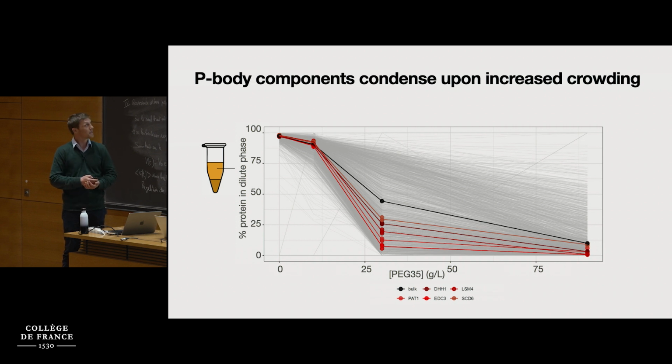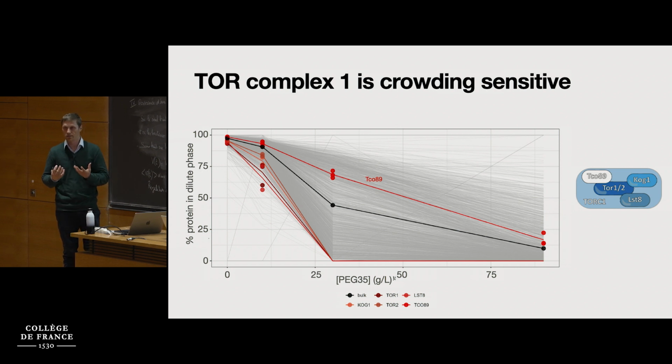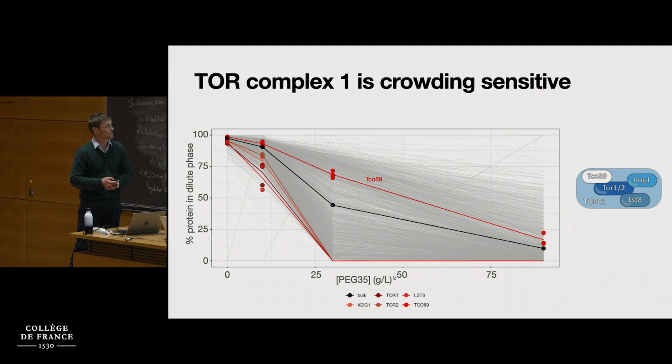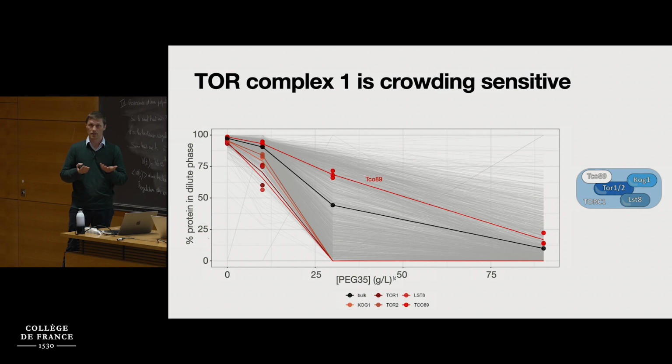What we didn't expect was that TOR complex 1, the main regulator of protein synthesis and also crowding, itself behaved extremely sensitive to crowding. At the second concentration we already couldn't detect TOR complex 1 anymore in the dilute phase. The exception is a protein called TACO89.